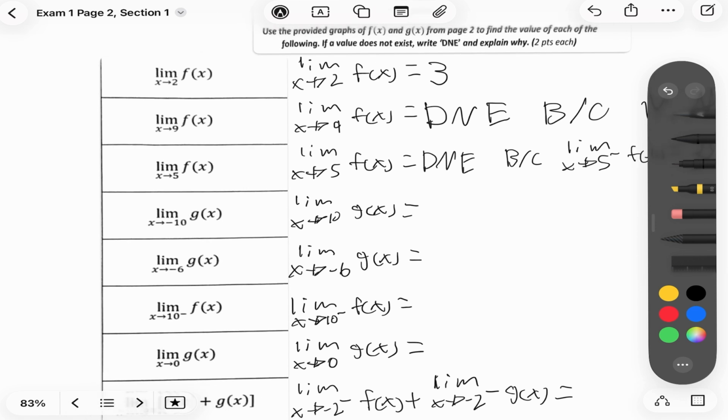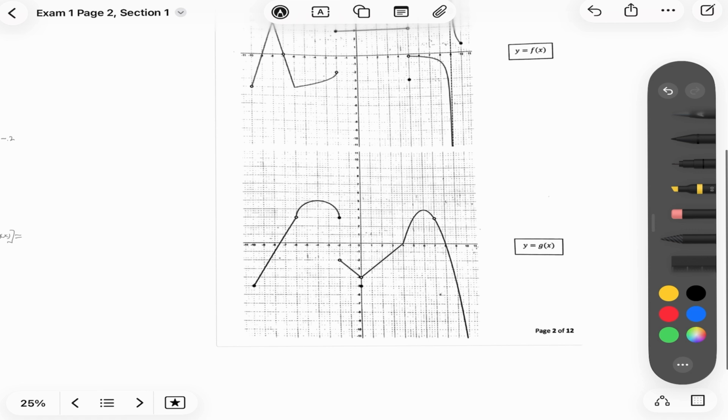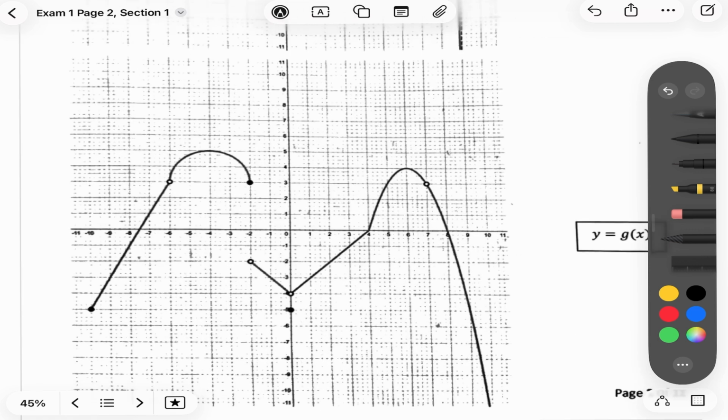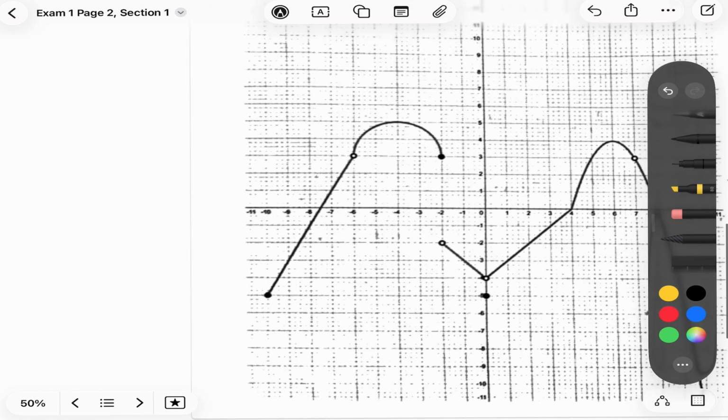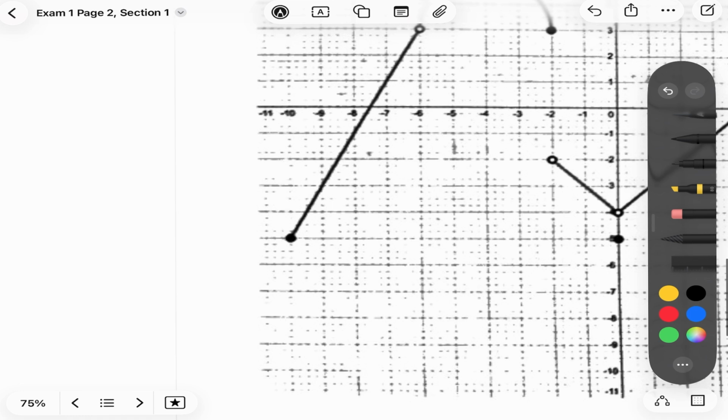Now let's go to our next one, limit x approaching negative 10. And this time, we will be looking at our g of x graph. Go to negative 10. Now we can see from the right, we will have negative 5.